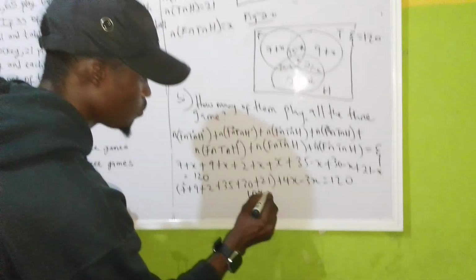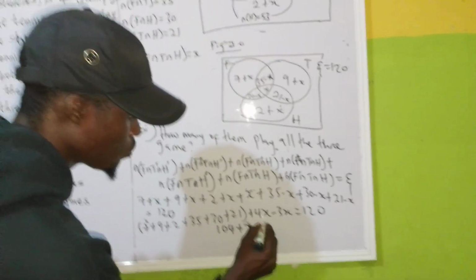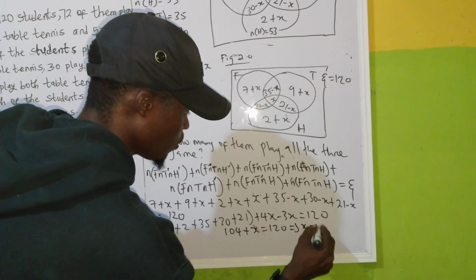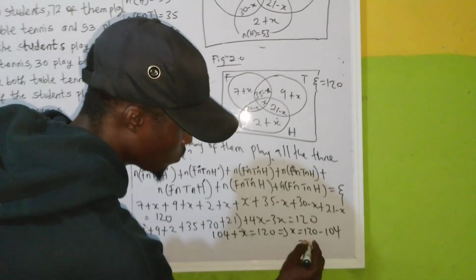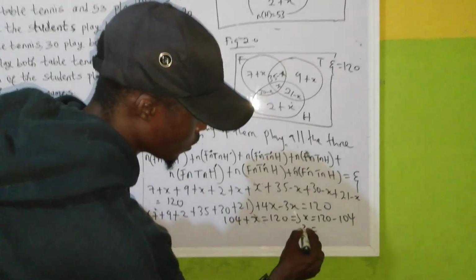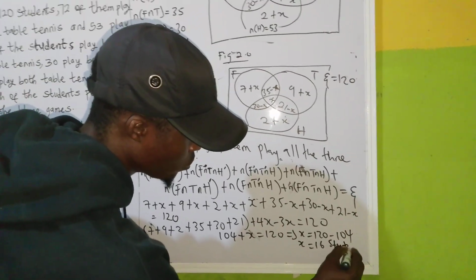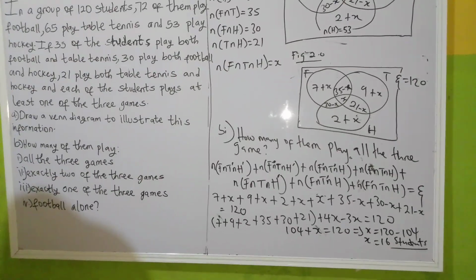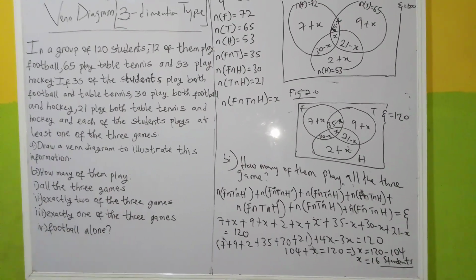So 104 plus 4x minus 3x equals 120, which implies that x equals 120 minus 104, which equals 16. X equals 16 students. So the number of students that did the theory is 16 students.